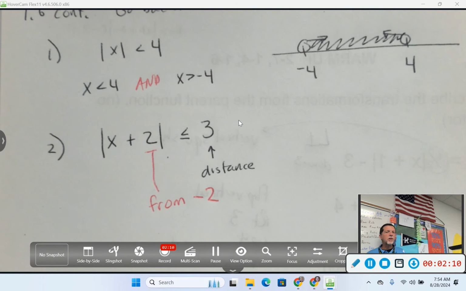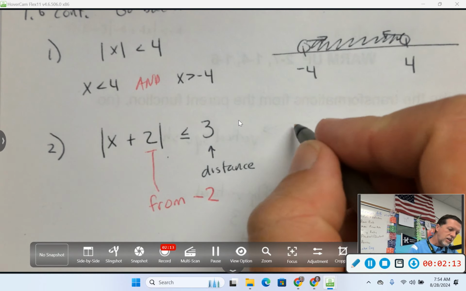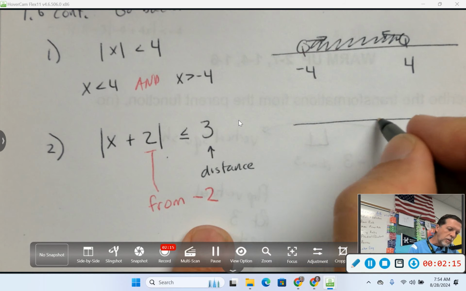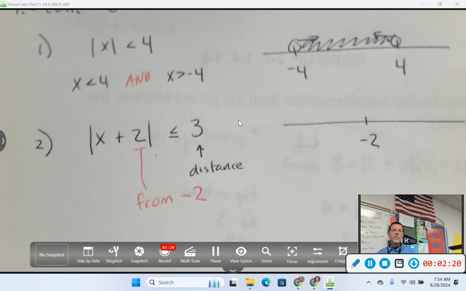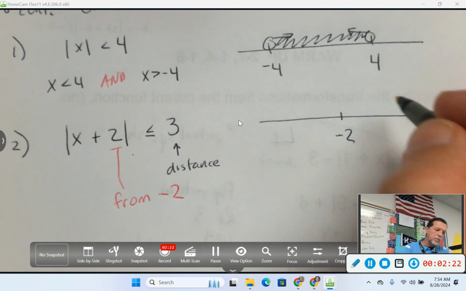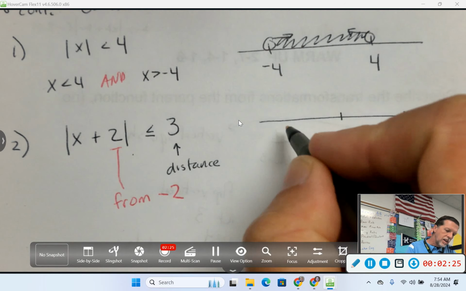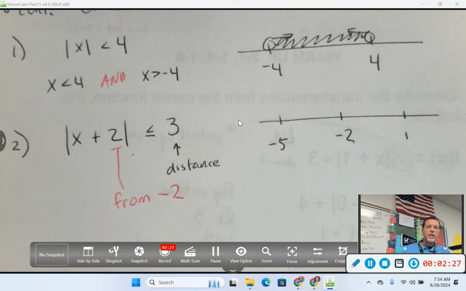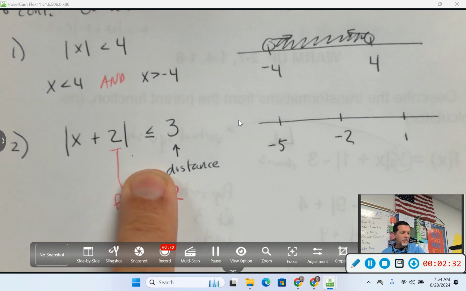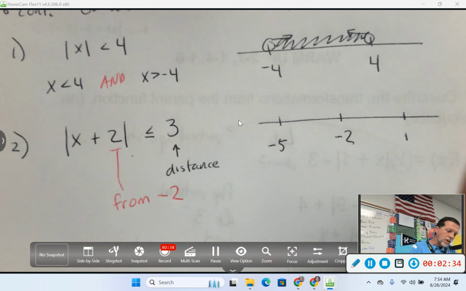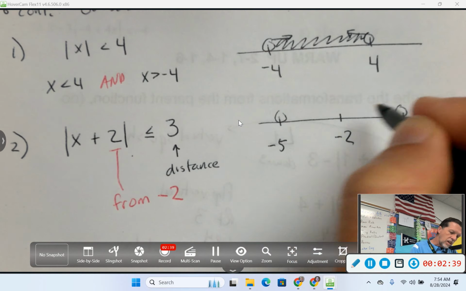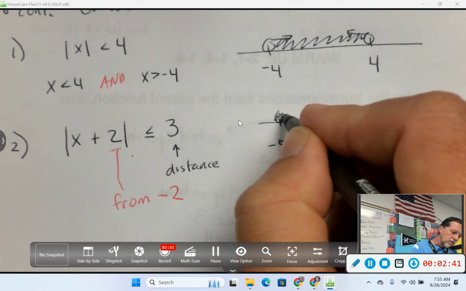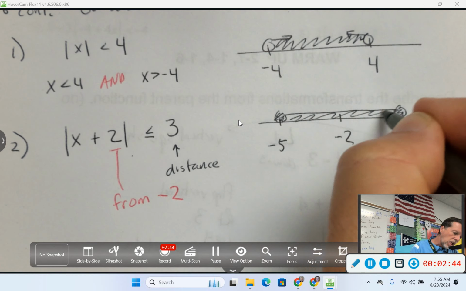I'm going to be 3 away from negative 2. I'm going to start by putting negative 2 on there because that's sort of the middle of the problem. Then 3 away on one side would put me at 1, and negative 5 on the other side. The less than tells me it's got to be less. That distance needs to be less than 3, so it's got to be the inner stuff. Closed circle, inner stuff.